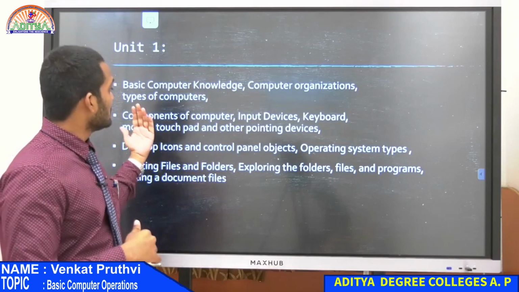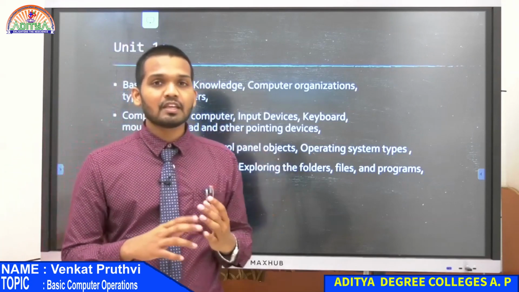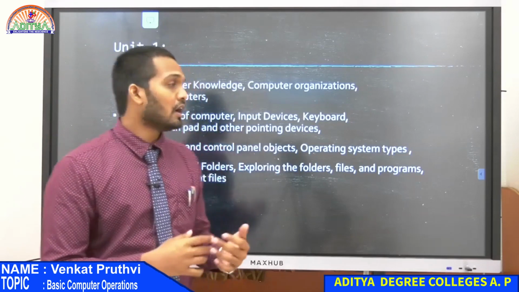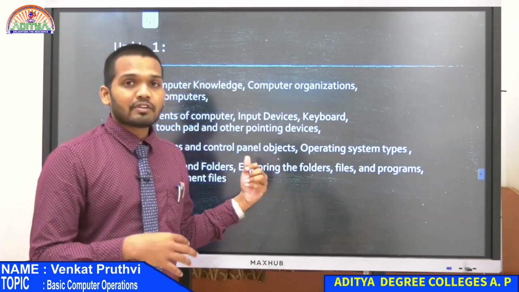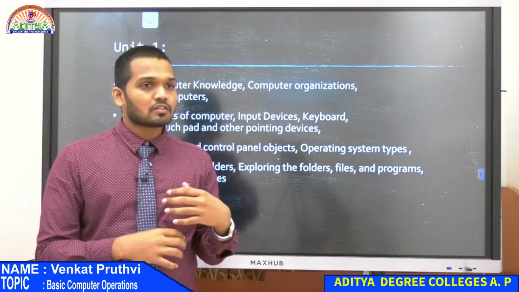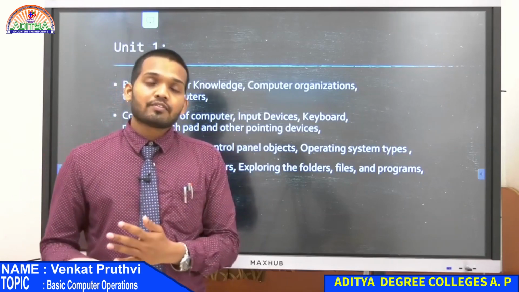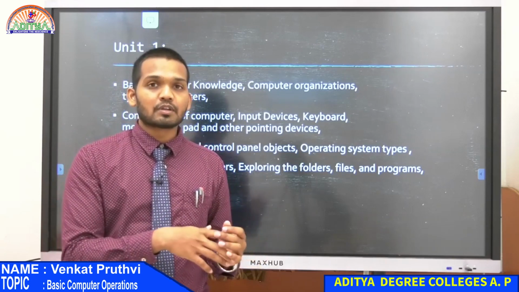If you understand the first two lines of this unit, it will be very easy for you and you'll become very familiar with the terminologies of computers. The later parts of this unit will become very easy for you because we are already discussing the hardware of the computer as well as the architecture present inside the computer.